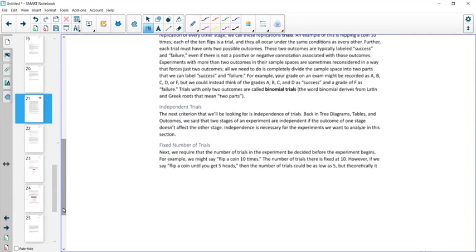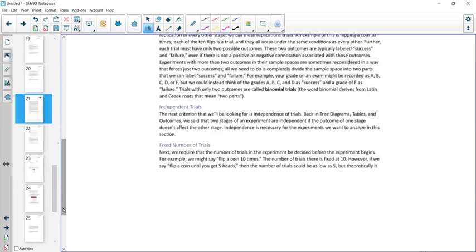Independent trials. The next criterion that we'll be looking at is independence of trials. We said that two stages of an experiment are independent if the outcome of one stage doesn't affect the other stage. Independence is necessary for the experiments we want to analyze in this section. Next, we have a fixed number of trials. We require that the number of trials in the experiment be decided before the experiment begins.